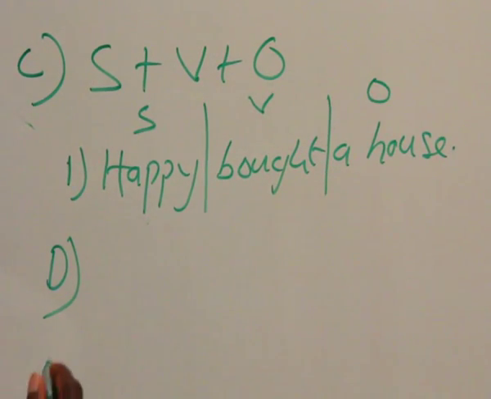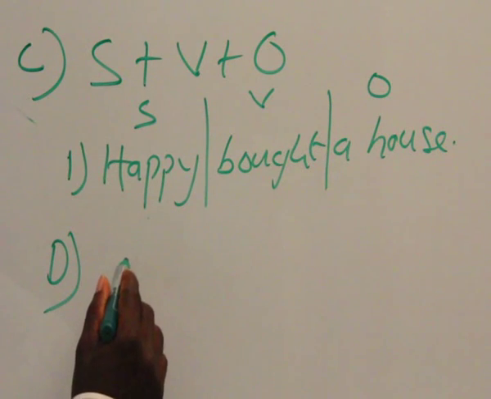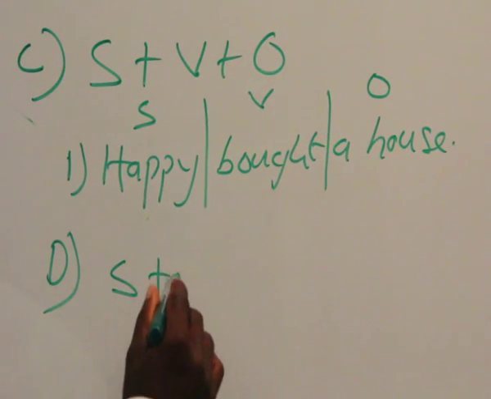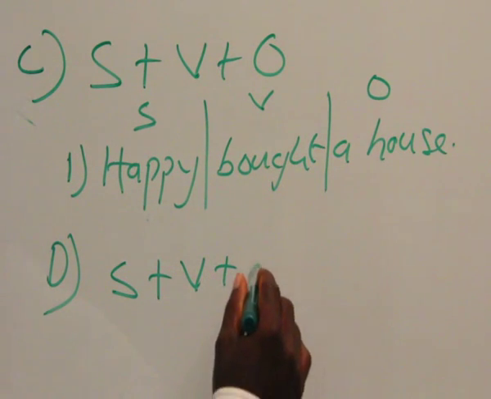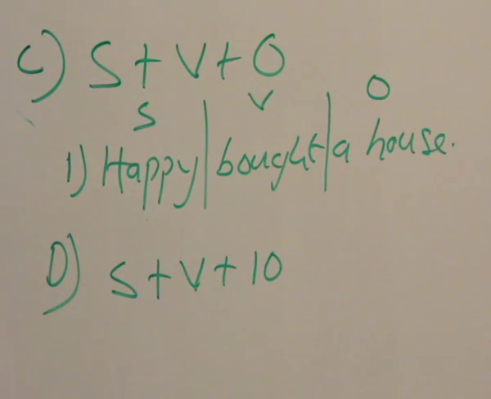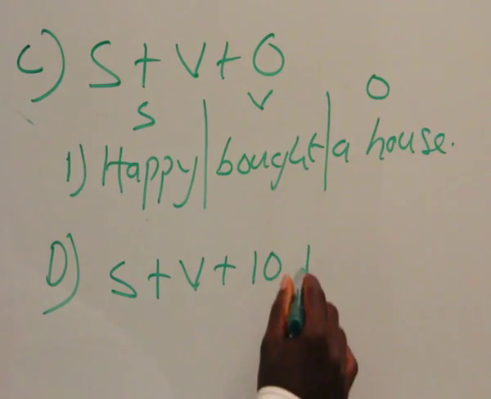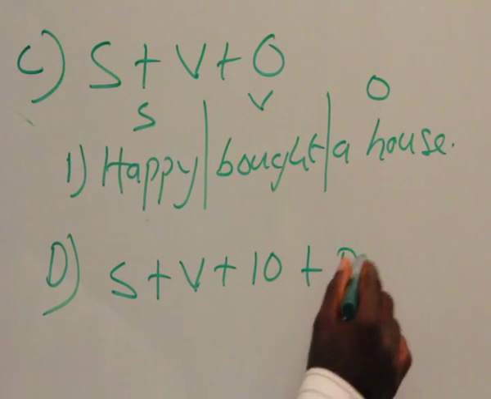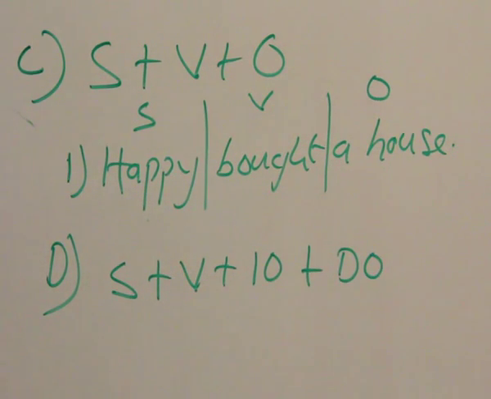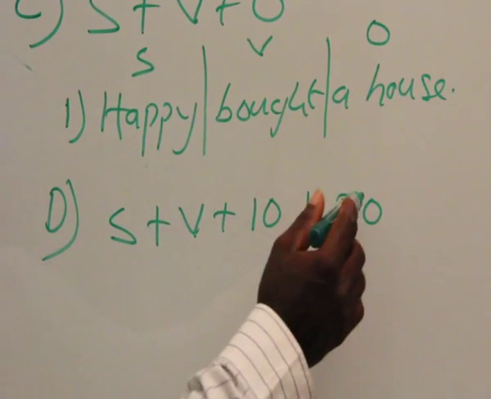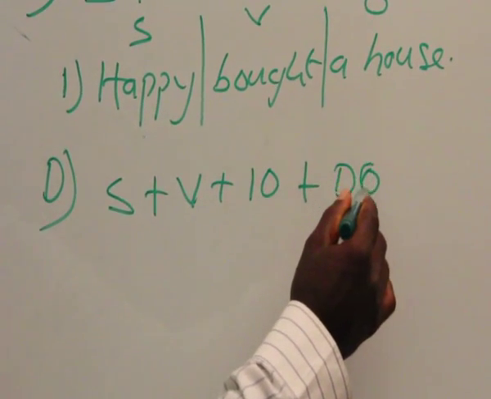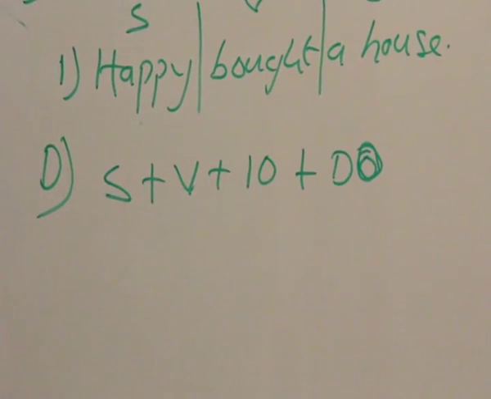That will be S plus V plus IO, indirect, plus DO, direct. Okay. Now this is not "do." What we mean here is direct object.